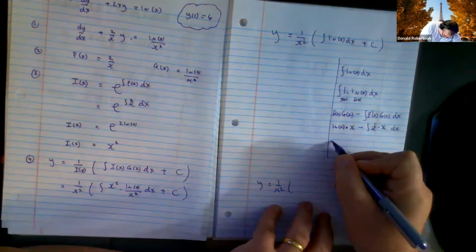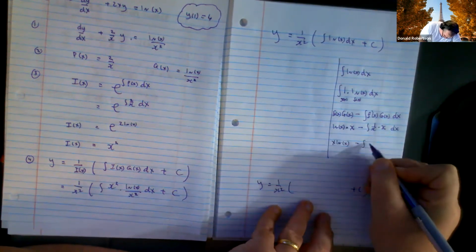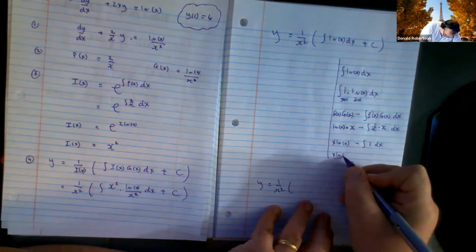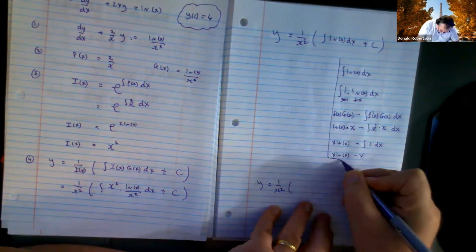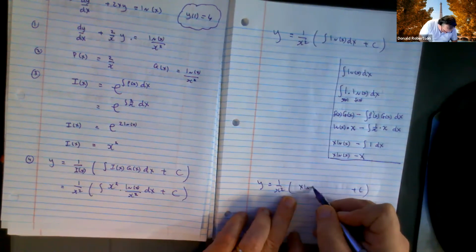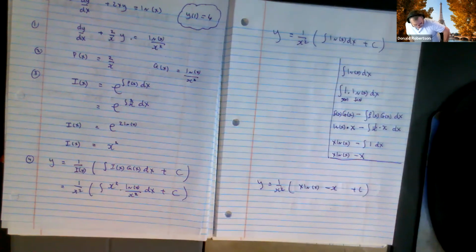I like to put the x's first, so I'll rewrite that like this. This becomes the integral of 1, and the integral of 1 is just x. So we have x log x, take away x, plus c. We happy with that one now?